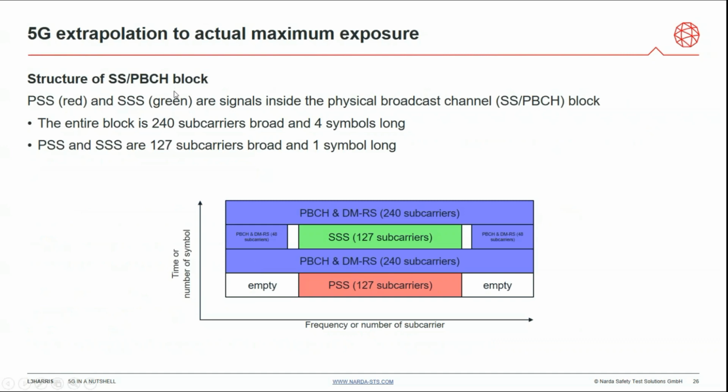So if you look at the structure of the transmitted frames, the blocks in the 5G downlink signals, we see subcarriers with 4 symbols, and the PSS and SSS with a one symbol length.